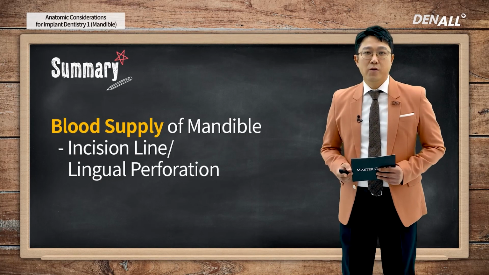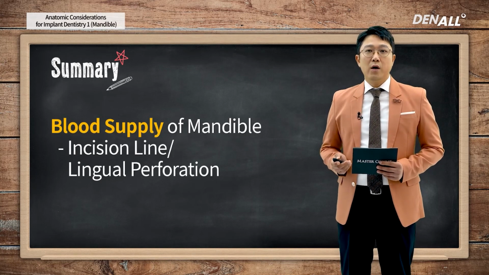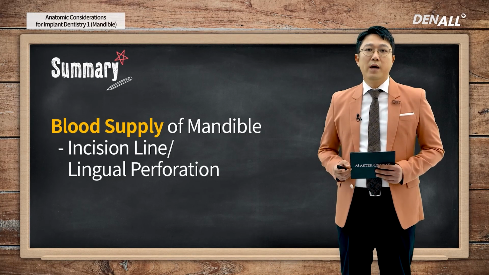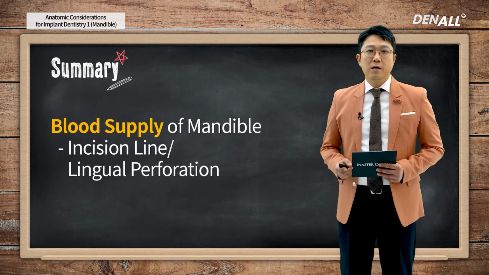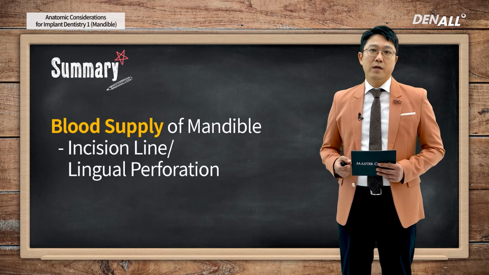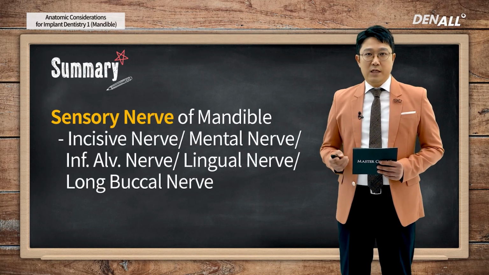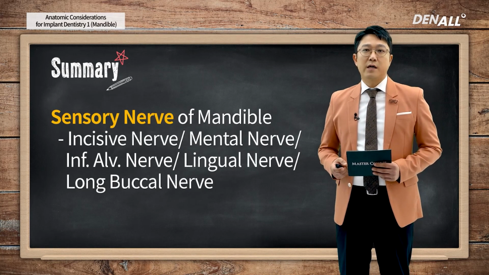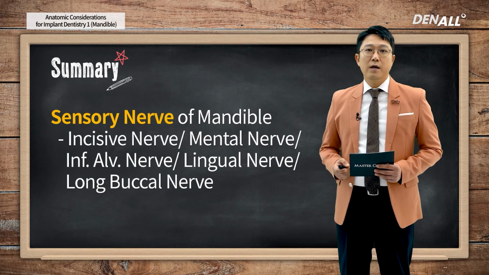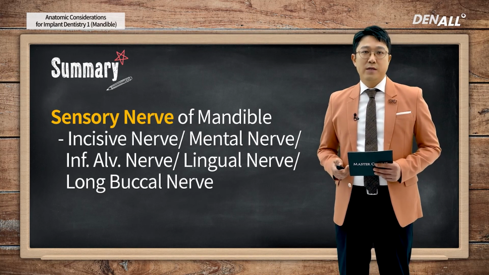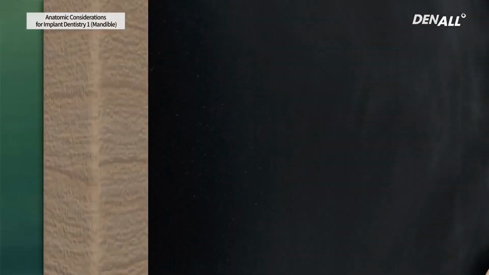Second, the blood supply of the mandible, the characteristics of blood vessels in the mandible. Due to the lingual form of the mandible, a perforation can occur, so we need to be careful not to make a lingual perforation. Third, sensory nerves of the mandible: incisive nerve, mental nerve, inferior alveolar nerve, and long buccal nerve. We need to be careful about the nerves when we place implants.